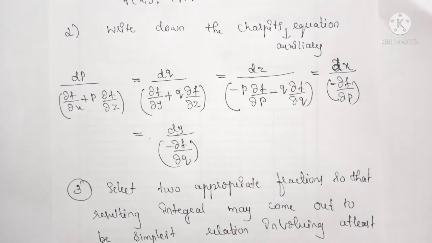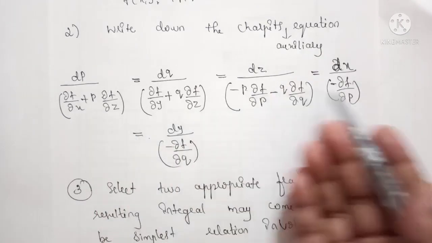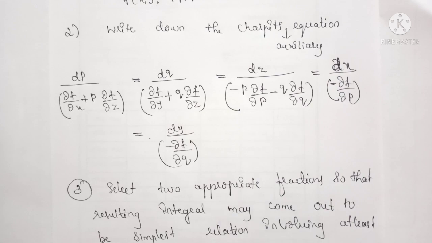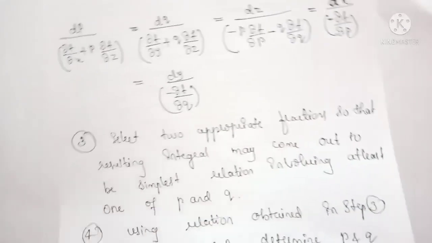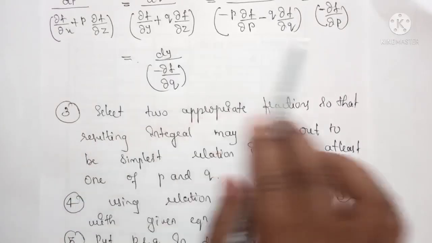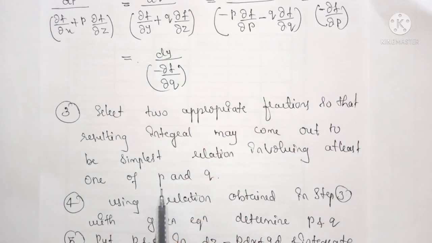With the help of these auxiliary equations, we consider any two appropriate fractions to get the simplest relation involving at least one of p and q. So either we solve for p or for q.